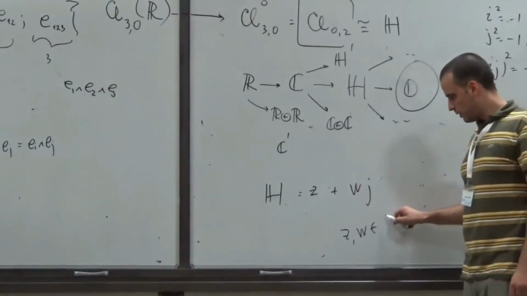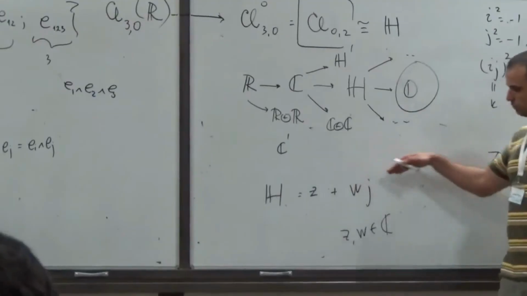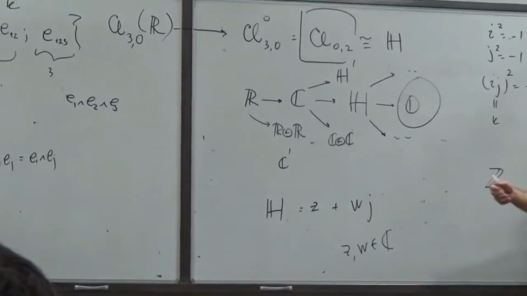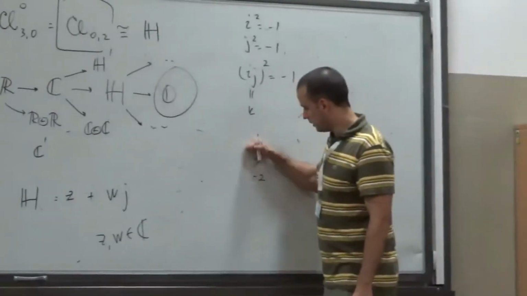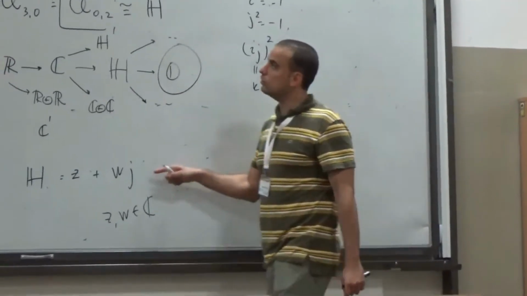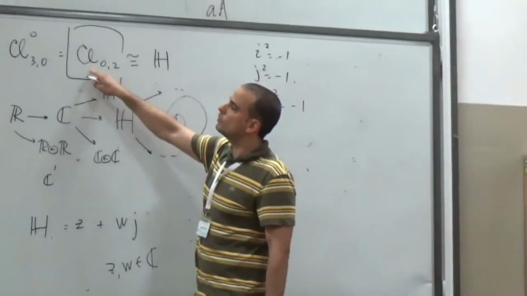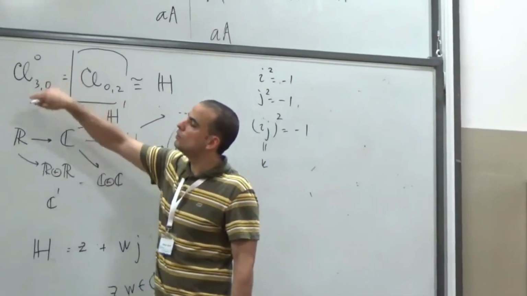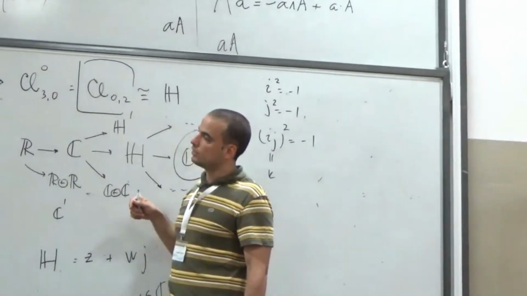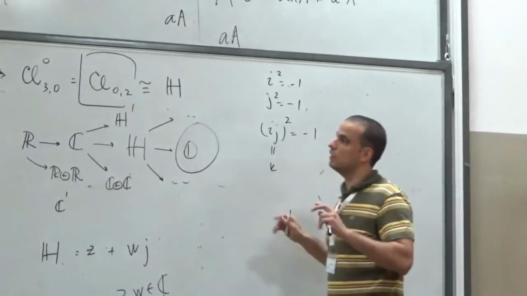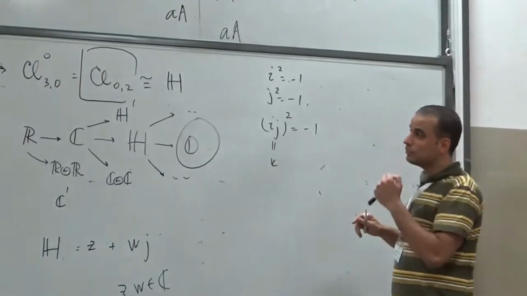So it's very similar to the construction of complex numbers from reals. Okay, so if you want to go from knowing quaternions to constructing the whole three-dimensional space algebra, what do you have to do?